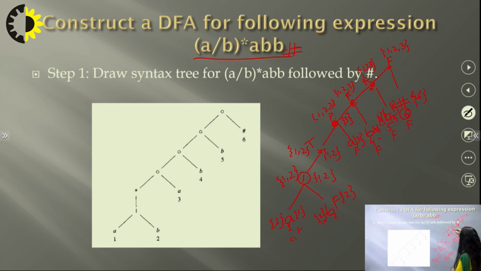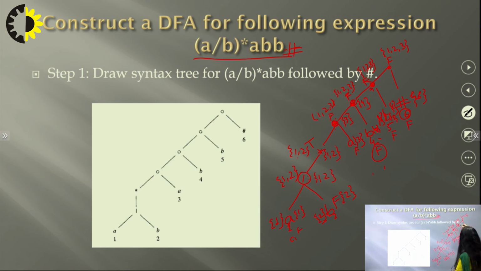Now, moving further, we have another concatenate symbol. So, if nullable of C2, here it is B, if nullable is true, but here it is false. So, the last pos of this concatenate symbol is 4 itself. The last pos of C2 is the last pos for the concatenate symbol.